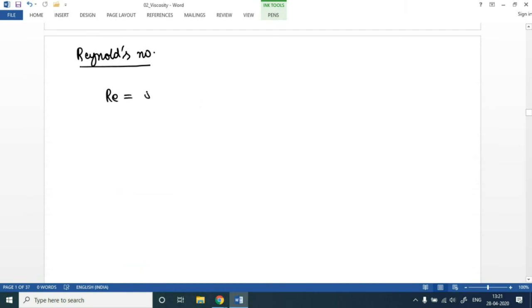Reynolds number is defined as rho V d by eta. You must realize that this is a dimensionless physical quantity. There is no dimension, you can check for it.